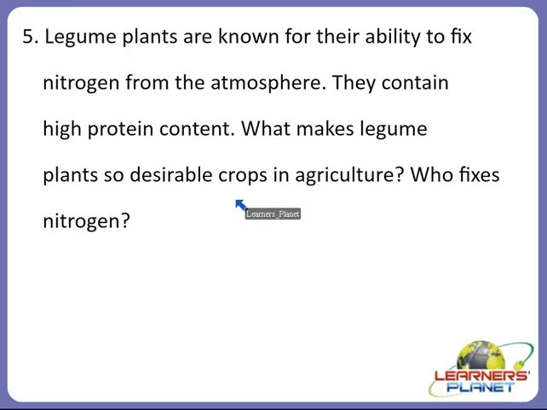It is desirable because of this nitrogen content. So the answer is simple, and two questions have been asked. The first question's answer is that legume plants are such desirable crops in agriculture because of the nitrogen content in them.